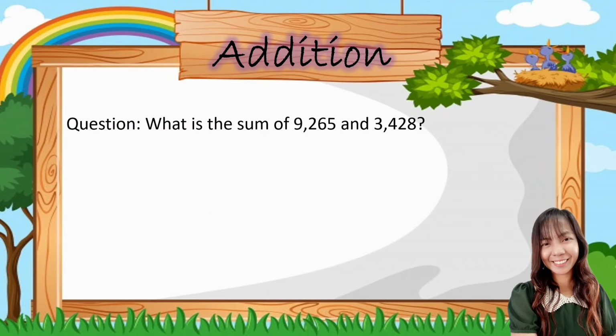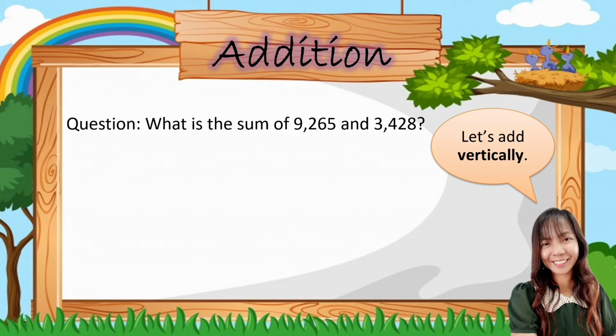So let's review the addition. What is the sum of 9,265 and 3,428?